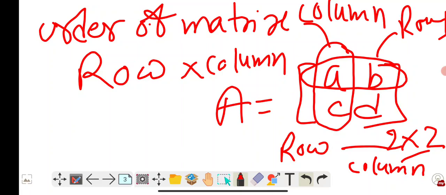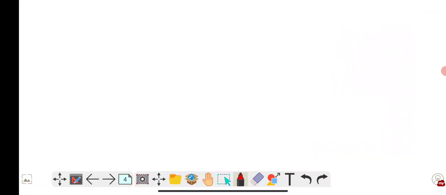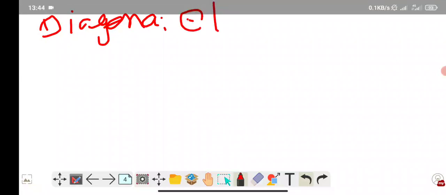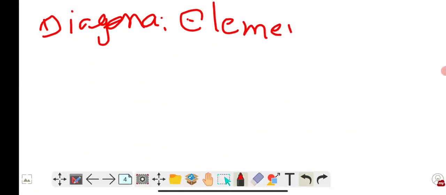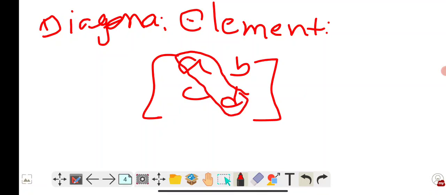Now next is diagonal element. Here A, B, C, D. Here A and D are known as diagonal elements.